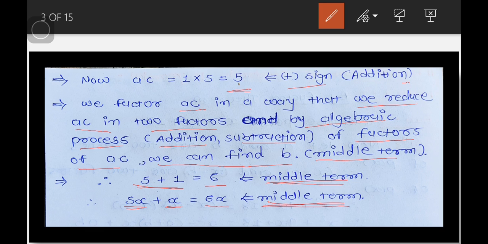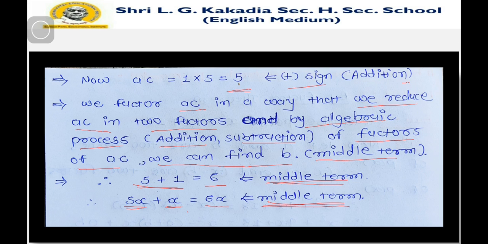Now we put this value in our polynomial. So you can understand that first we compare this with the standard form, and we get the coefficients of x square, x and the constant. Then first we multiply a and c, that is the coefficient of x square and the constant term, and we get a value, here given as 5.